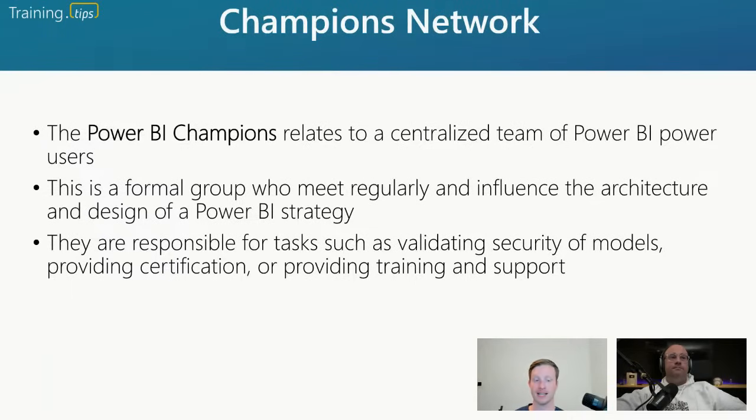So it could be validating security models. And these could be the ones which are actually able to certify models, certify semantic models in Fabric, which we'll talk a bit more about. Also, people who are probably going to be providing training and support. So this is the first thing we do: we find these people, set this up and make a formal group.